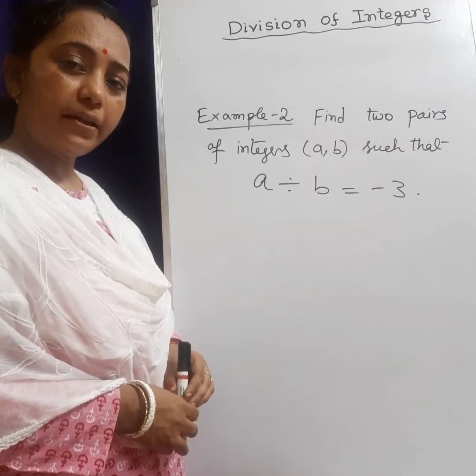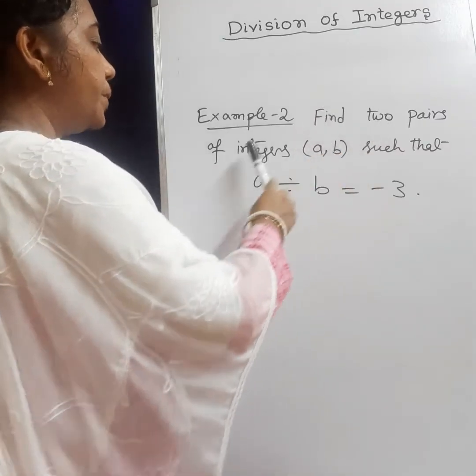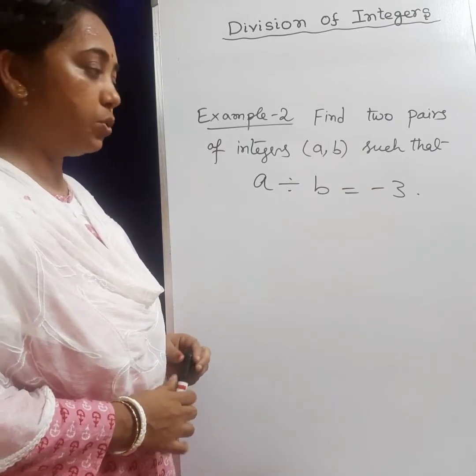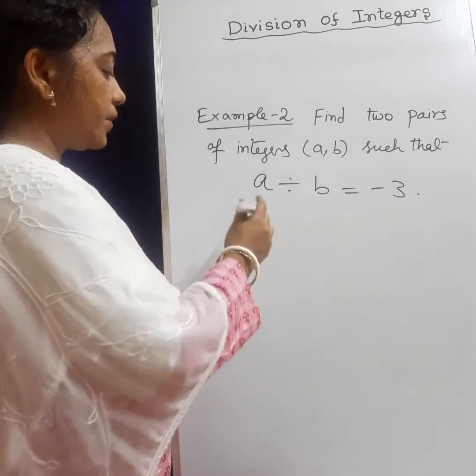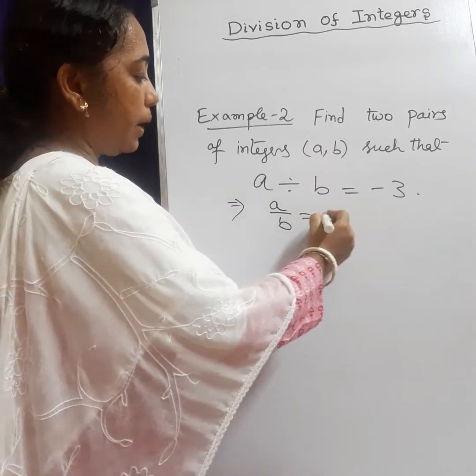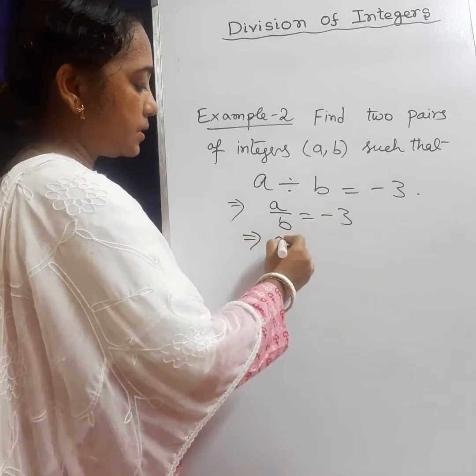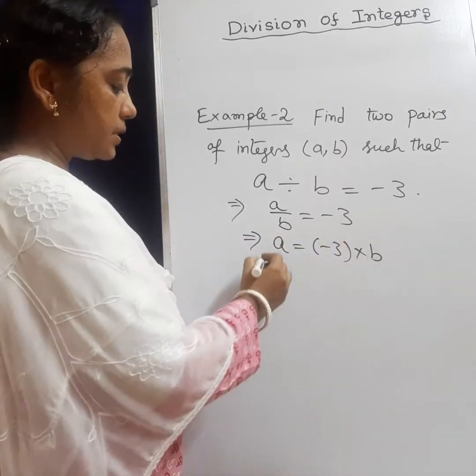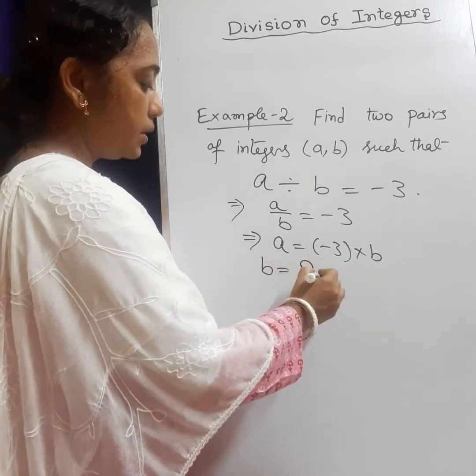Now let us do another example. Find the two pairs of integers a, b such that a ÷ b is equal to -3. So this we can write as a by b is equal to -3, which implies a is equal to -3 multiplied by b. Now if we consider b is equal to, suppose, 2, then what we will get?